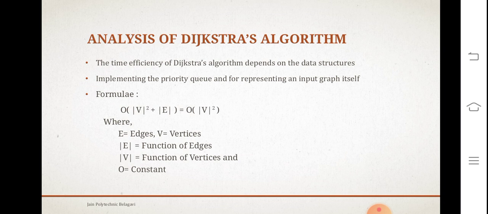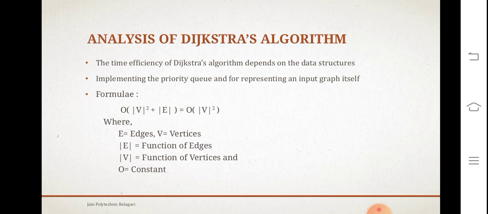Then the analysis of Dijkstra algorithm: the time efficiency of this Dijkstra algorithm depends on the data structures, what data structure we are using for implementing the priority queue and for representing an input graph itself.